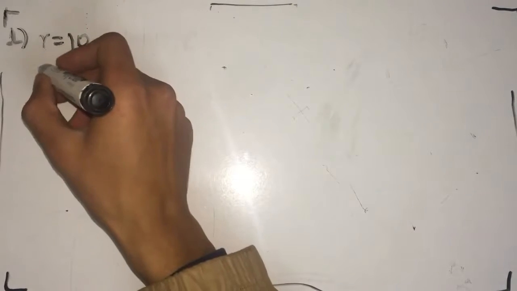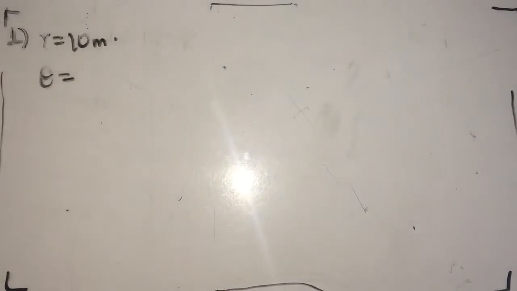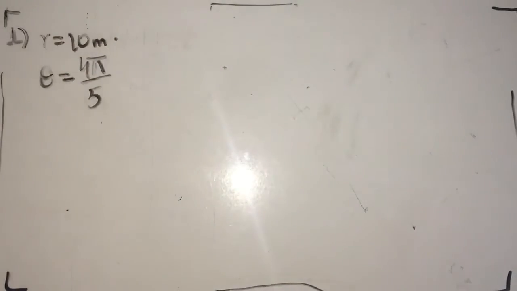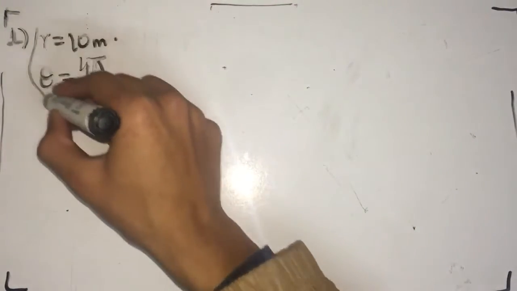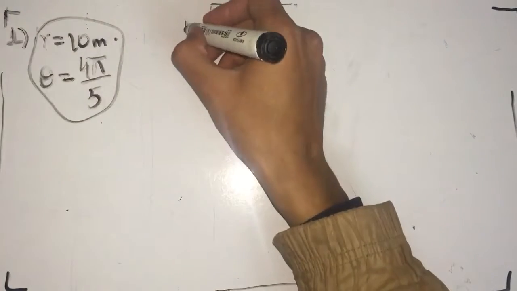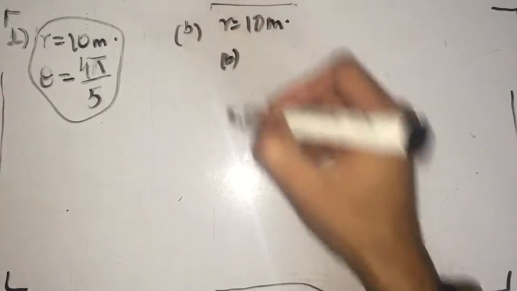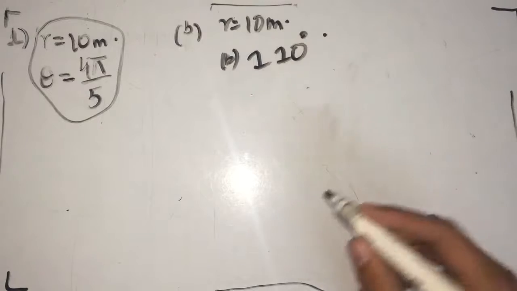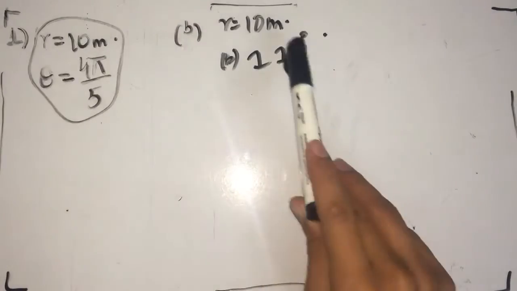So first, the angle theta equals 4 pi by 5. The B part is when r is still 10 meters, but the angle is 110 degrees. They're telling us to find the length of the arc that subtends this angle first and then this angle.